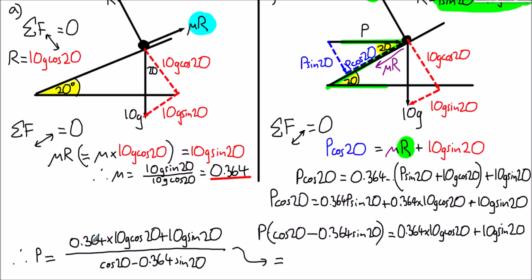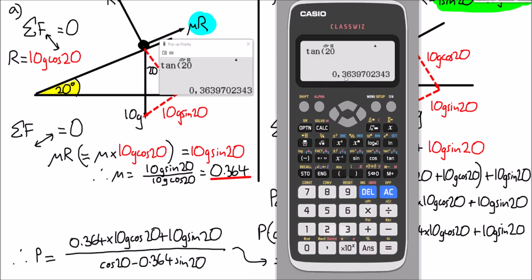Now this value is stored in the calculator, so we can make this look a bit less horrible when we type it in. So 0.364, that is mu. Let's just leave that as our stored answer, ANS.